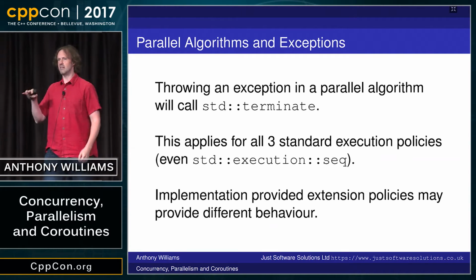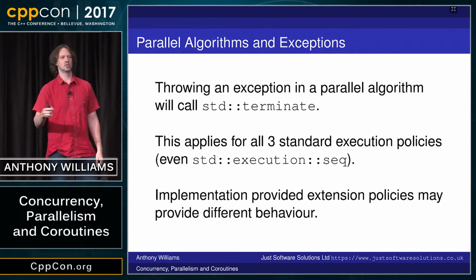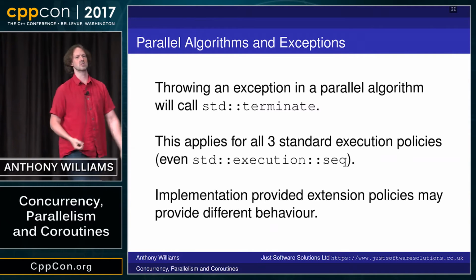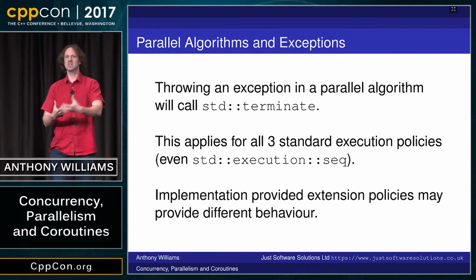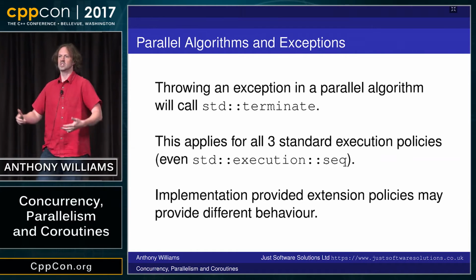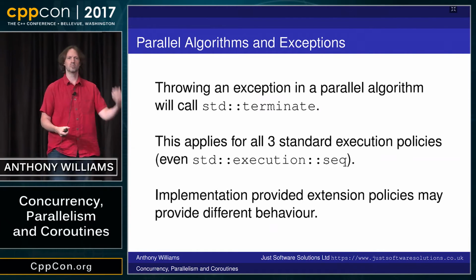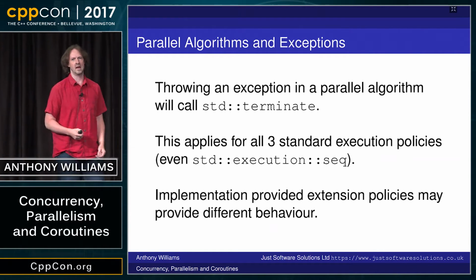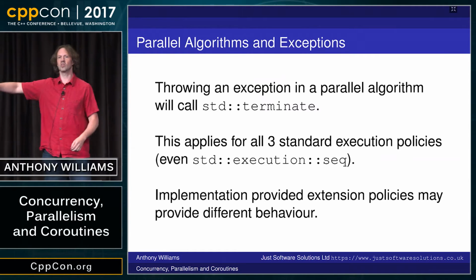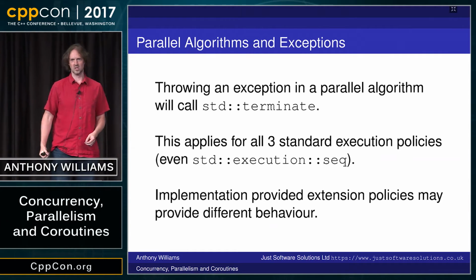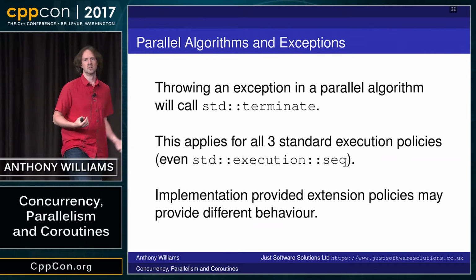If you're running this in parallel and one of the instances throws an exception, it has no means of doing that, because say you're running on a compute cluster, you've got 1,000 cores, and the operation running on each of those 1,000 cores throws an exception. You can't propagate 1,000 exceptions out.